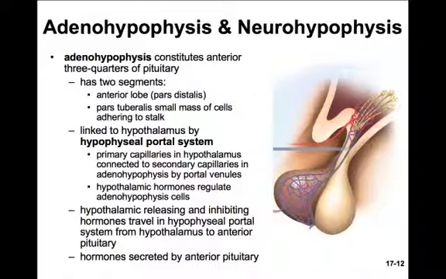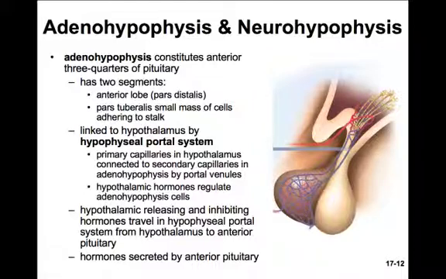There are many hypothalamic releasing and inhibiting hormones that travel in the hypophyseal portal system from the hypothalamus to the anterior pituitary. We'll explore many of them coming up shortly. In response to these releasing and inhibiting hormones from the hypothalamus, the anterior pituitary will then release its own hormones out into general circulation.